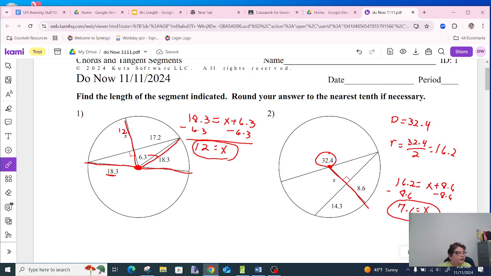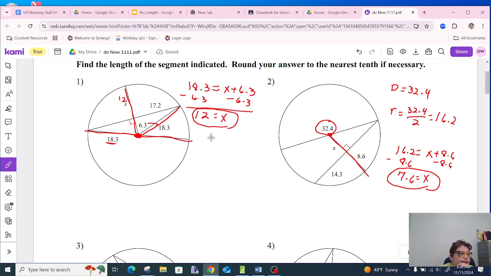If you are ever confused, especially on a quiz, about whether they're talking about diameter or radius, ask me and I'll tell you which one they're talking about. I wish they would put the diameter versus radius up here, because it does sometimes make it hard to see the difference.